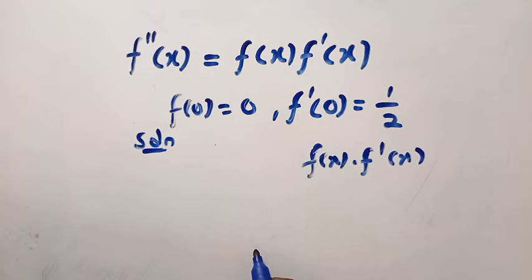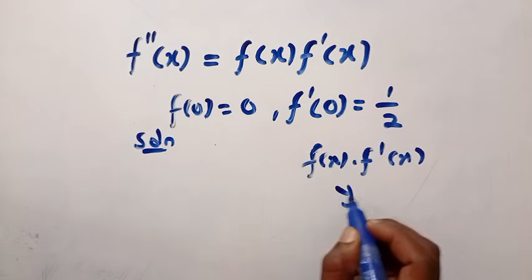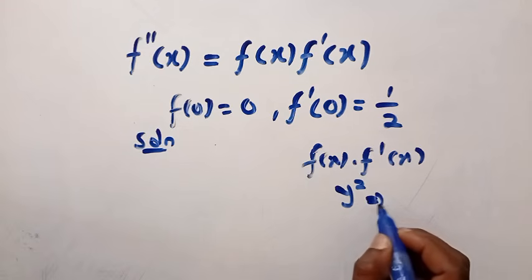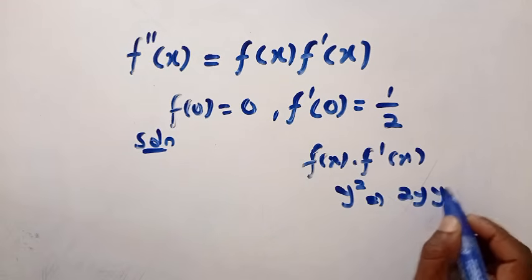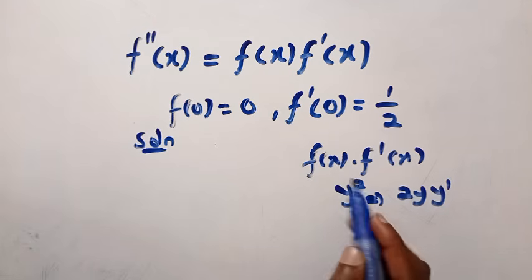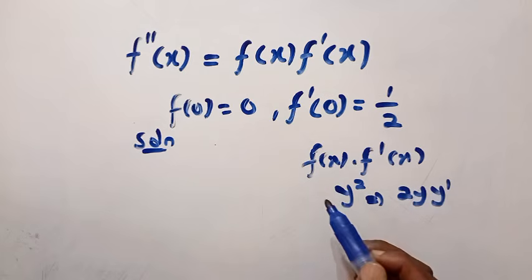Just as with y, let's say I have y squared. If I differentiate this, I'm going to have 2y, then y prime, as y here still represents the dependent variable, and f of x is also a dependent variable.